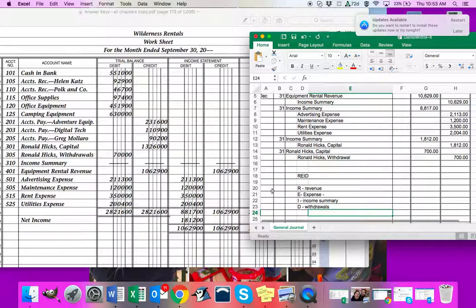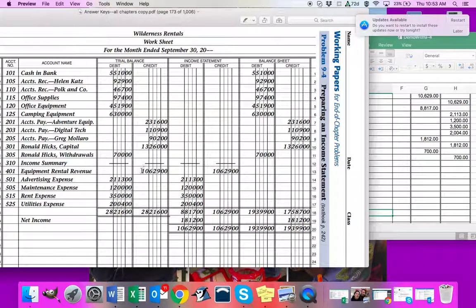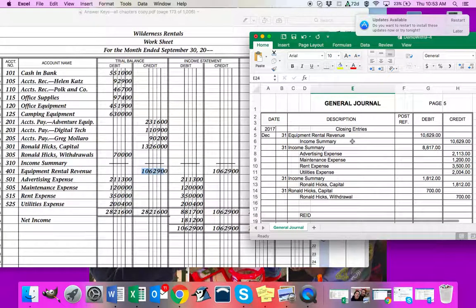So if you look at your revenue, it carries a credit balance, correct? That credit balance means we need to make it zero. How do you make a credit balance zero? You do the opposite. You debit it. So over here, you'll see that I debited equipment rental revenue for $10,629.